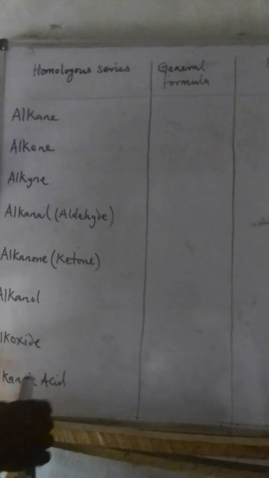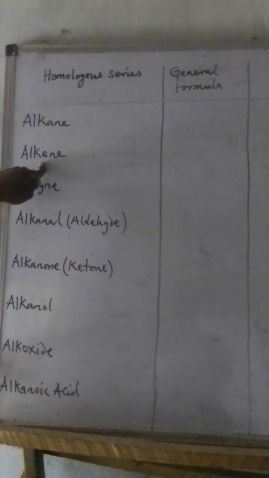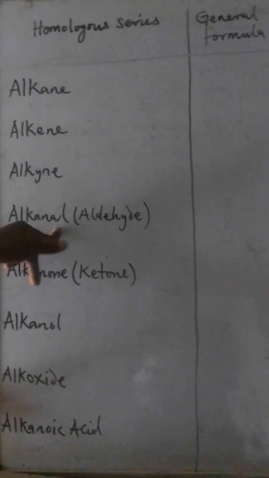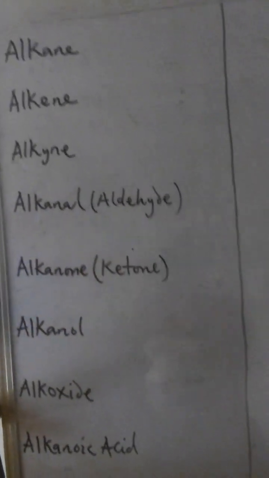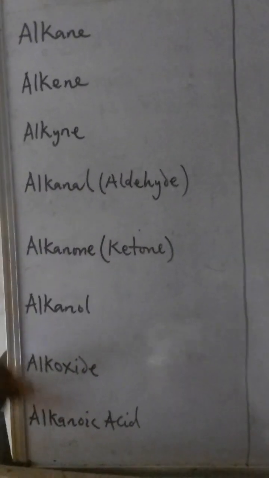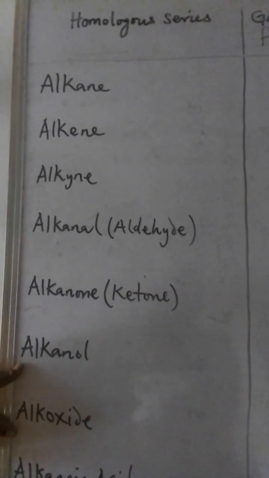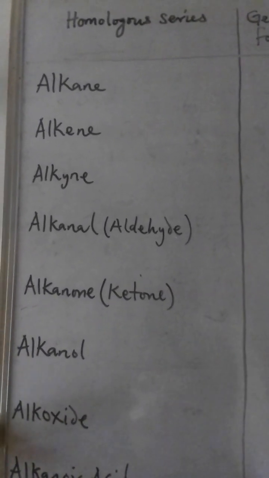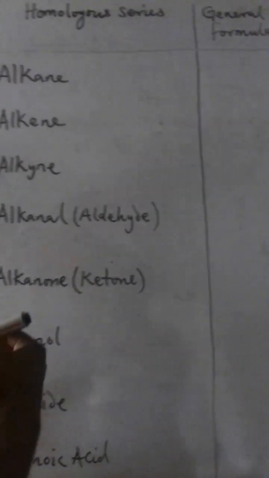In this video, we are focusing on alkane, alkene, alkyne, alkanal, or you call it aldehyde, alkanones, or you call it ketone, alkanol, alkoxide, and alkanoic acid. These are the ones we will be looking at today. So alkane.